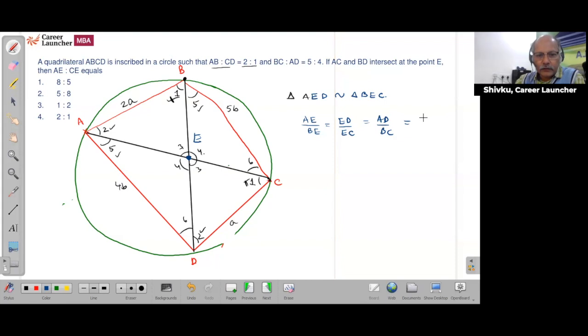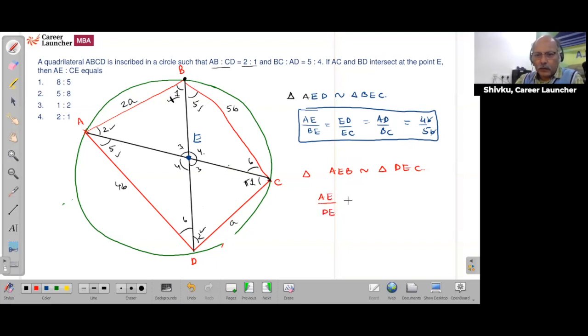AD is 4. So this is equal to 4 by 5. 4b by 5b, and it's equal to 4 by 5. Similarly, we have triangle AEB is similar to triangle DEC, or AE by DE must be equal to EB by EC is equal to AB by DC.